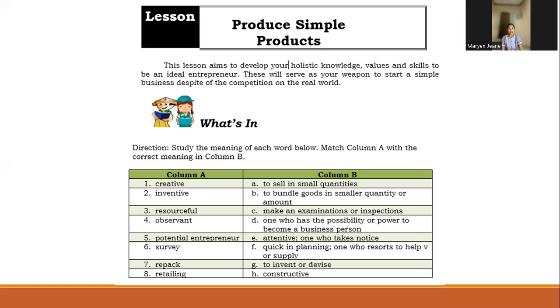F, quick in planning, one who resorts to help or supply. G, to invent or devise. And letter H, constructive. In this activity, you're going to match the words from column A to their correct meaning in column B. You may now start answering.